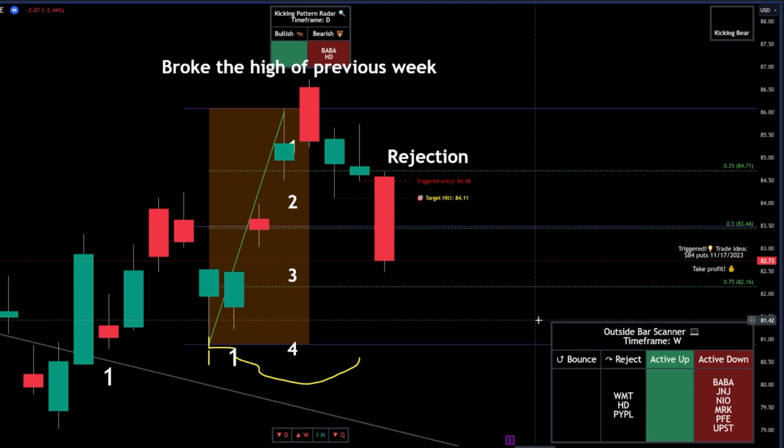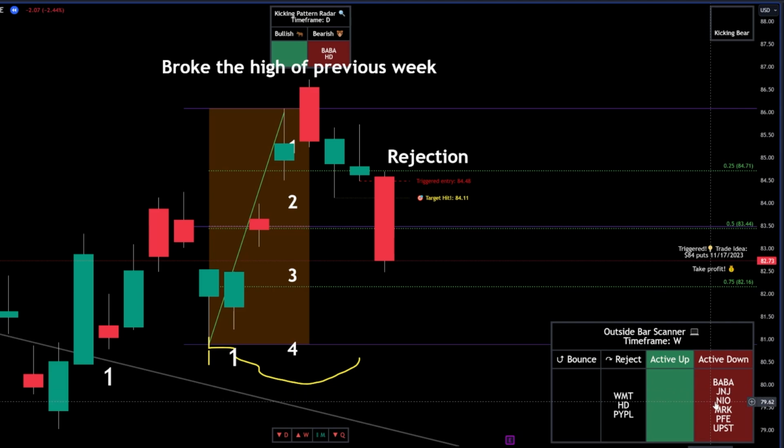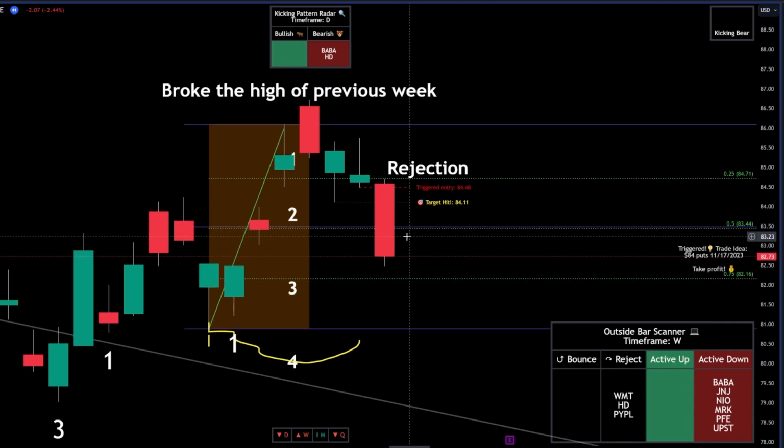Okay, so what I do when I use the outside radar scanner, if I keep it on the weekly time frame, Wednesday, Thursday, and Friday, this becomes my focus. I look for the things that are trying to approach and do an outside candle week. Why would I do that? Because it's something that can keep me in the trade.